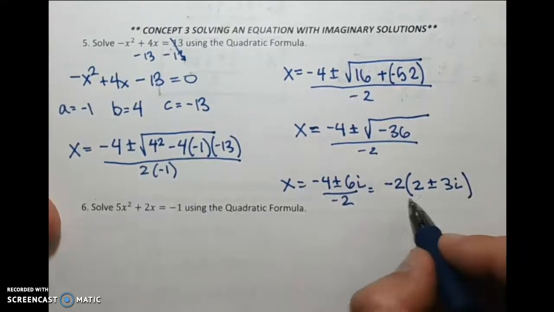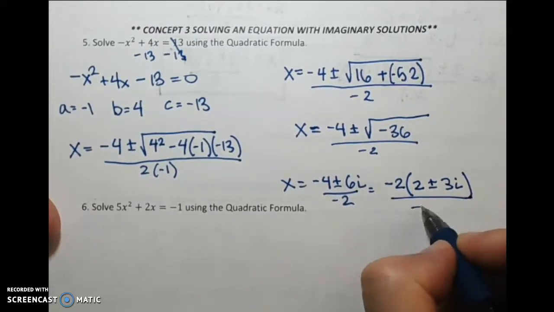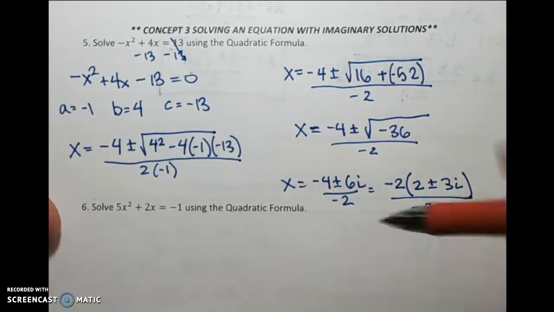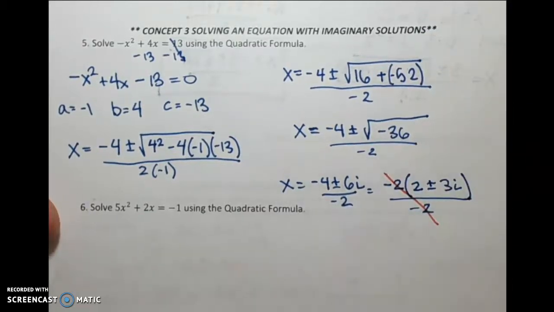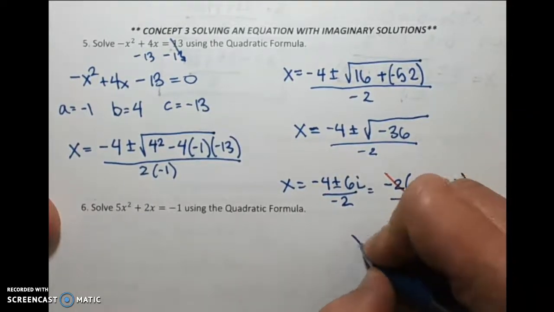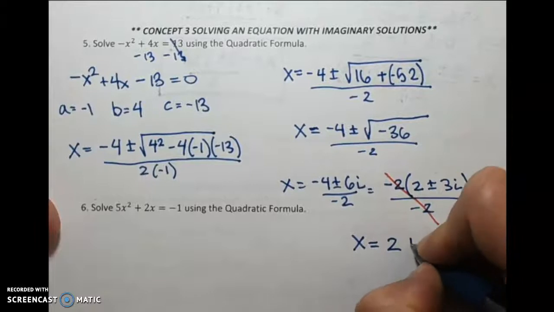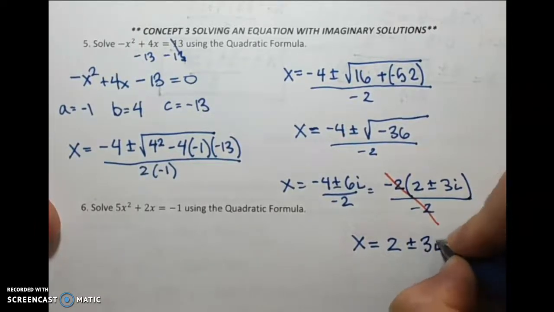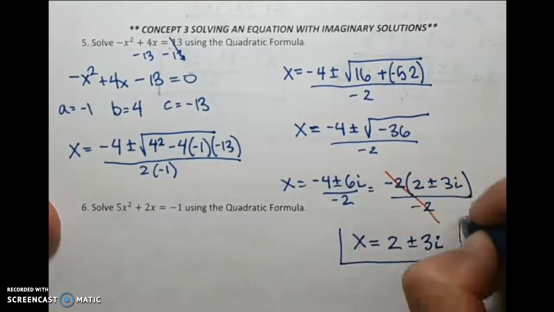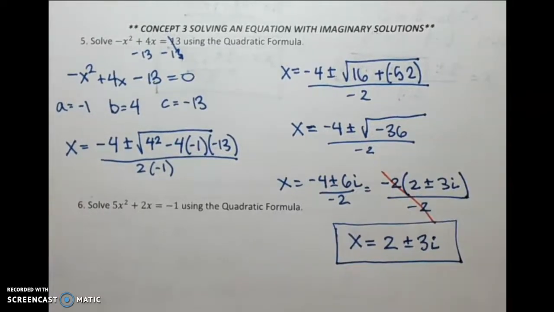It's plus and minus, so that won't really affect that. All over negative 2. Then I can simplify by canceling out that negative 2. So what's x? X equals 2 plus or minus 3i. And that is 2 different answers, 2 plus 3i and 2 minus 3i.